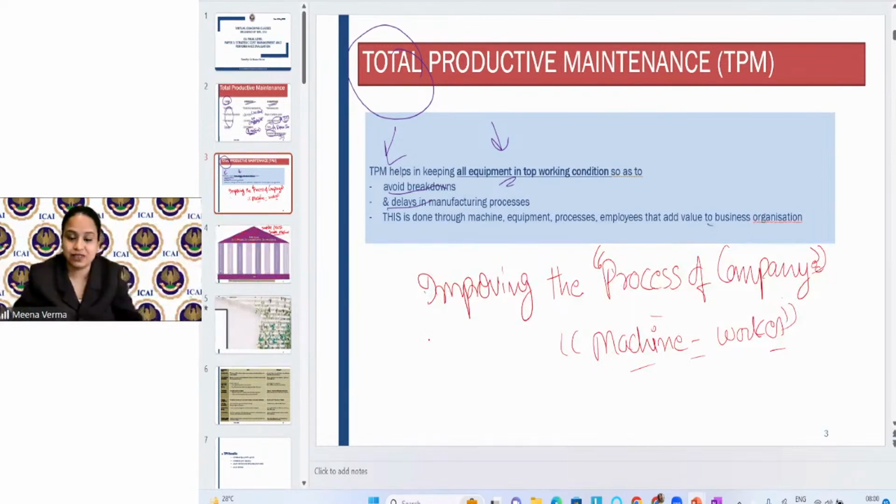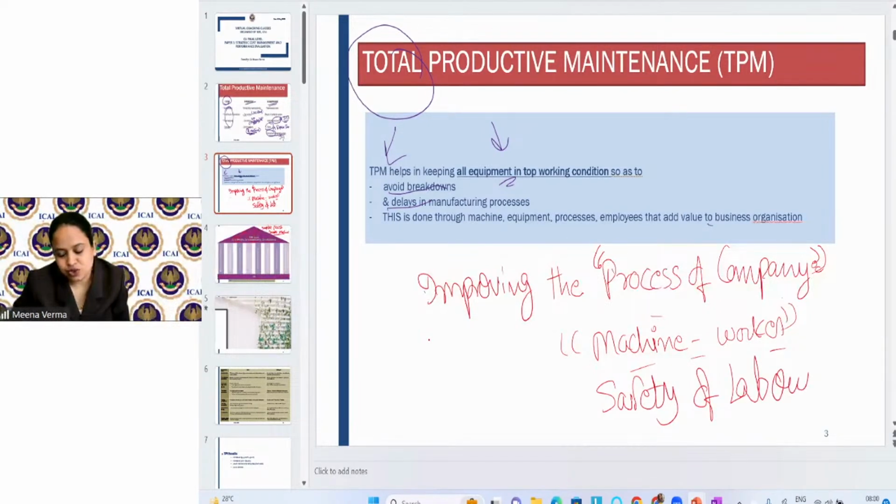Labor accident when they are working with machines. So the point is that safety of the labor is very important. Now, I hope you can understand. So safety of labor is also very important. Right? So zero accident means what? No accident of the labor. Their safety.